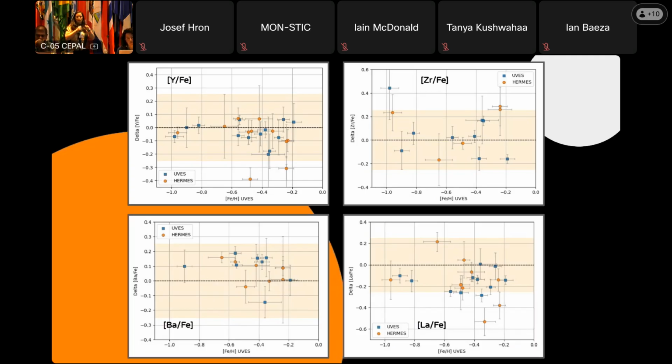So they flag a barium star if the abundance is higher than 0.25. So I thought, okay, if GALAH and I agree within 0.25, then I could be happy with the result. So that's what the yellow region means. We do better for some than for others, but there are no big offsets where all elements are in the same direction. So we took from this that we can trust the survey.